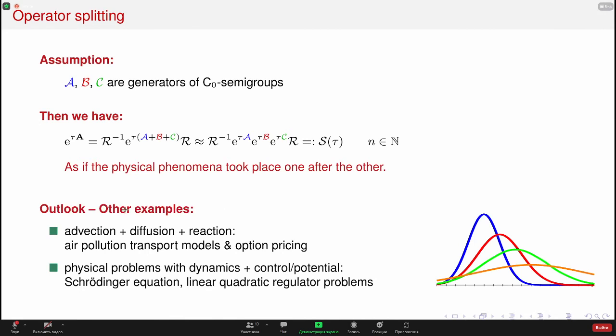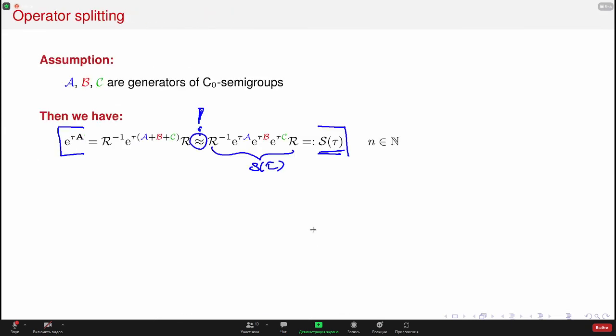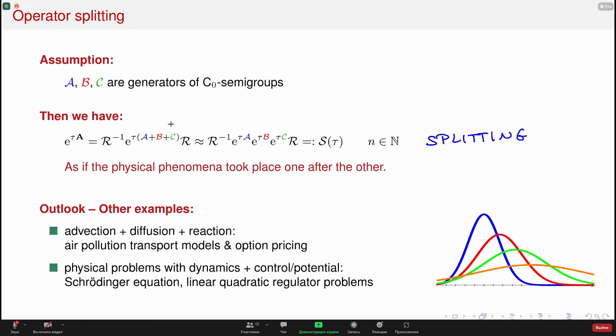Just an outlook as other examples. This is what we call operator splitting. This is just an example of operator splitting, because you can see that here we split one operator into three, and then also the semigroup was approximated this way.